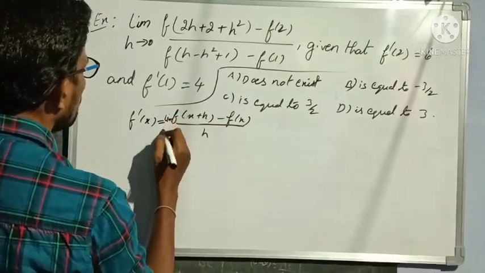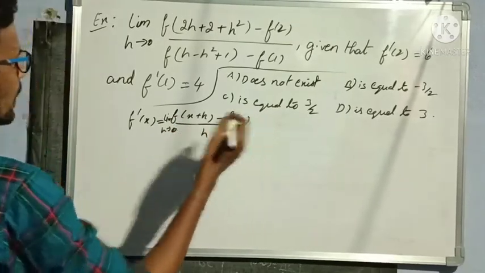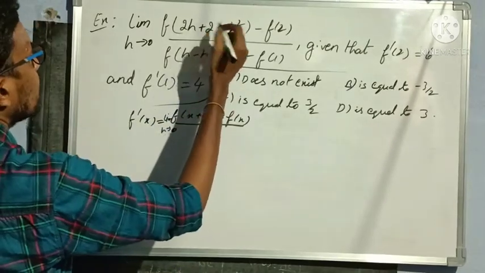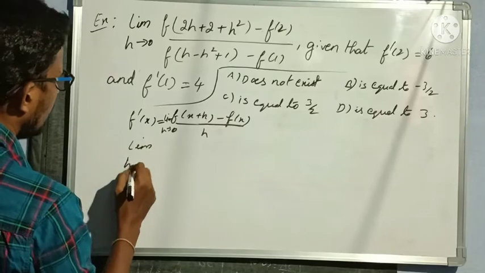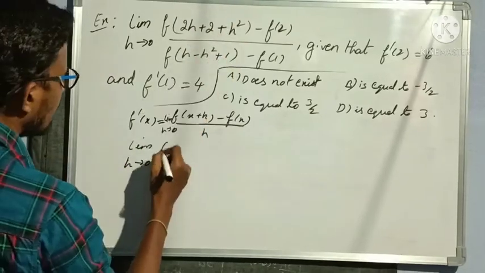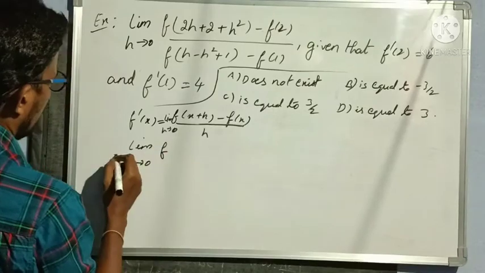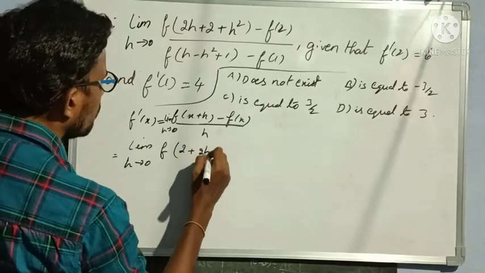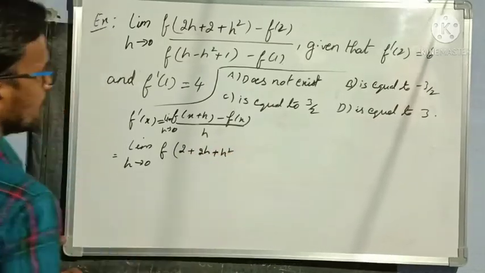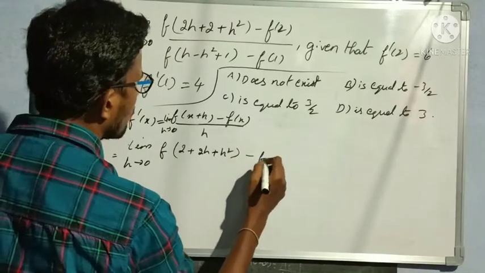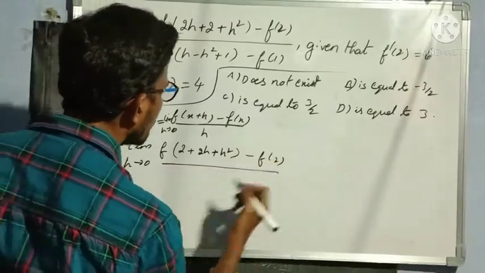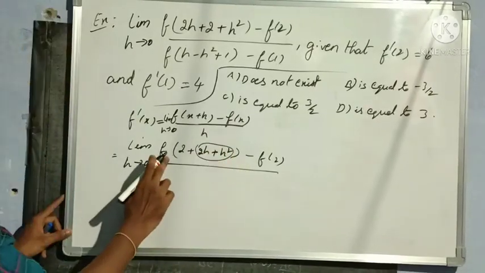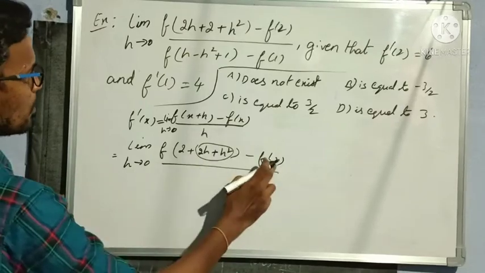Now if you observe here, I am writing limit h tends to 0 of f of 2 plus of 2h plus h square minus f of 2 by, if I take this completely as h, I will get f of 2 plus h minus f of 2 by h.